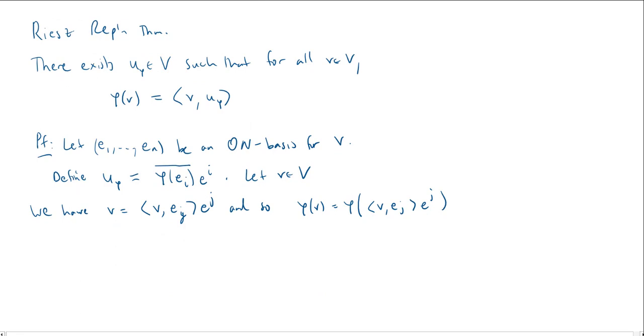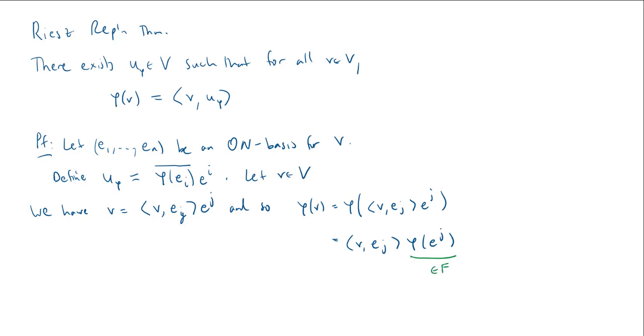I can pull these coefficients outside of each of the phis. So I have the inner product of v with e_j outside, and then I'll be doing phi of e_j on the inside. Now phi of e_j is just some element of F, because phi is a linear functional.